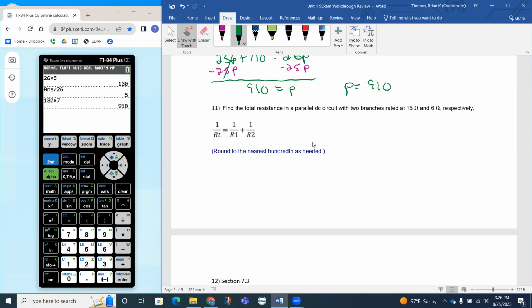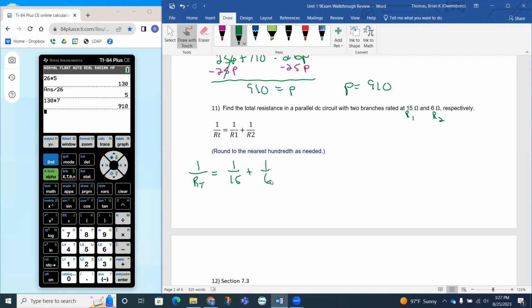So in our problem, R1 is this 15 ohms, and R2 is this 6 ohms. It doesn't matter who you call R1 or R2. So what this turns into then is 1 over RT equals 1 over 15 plus 1 over 6.